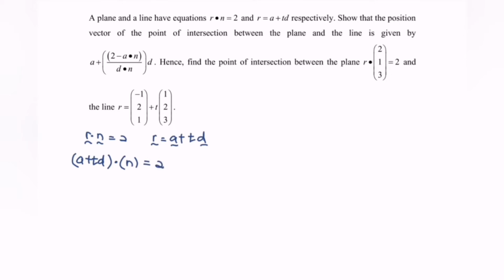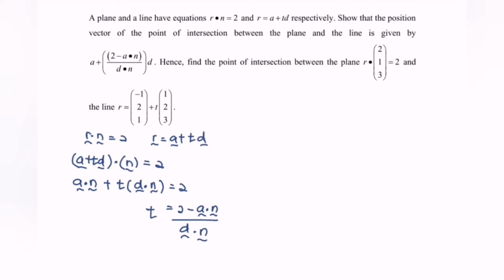If we dot the situation, we have a dot n plus t multiplied by d dot n equals 2. Rearrange the situation and express t as the subject. So 2 minus a dot n over d dot n equals t.